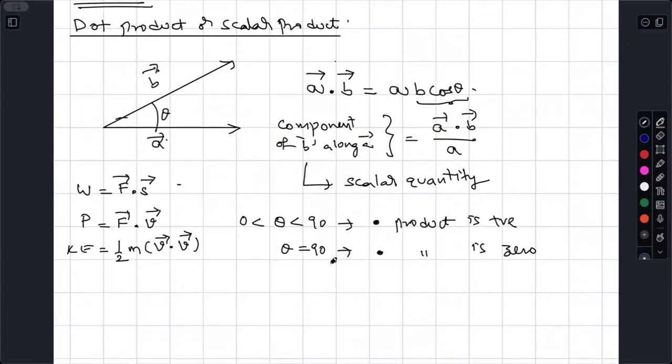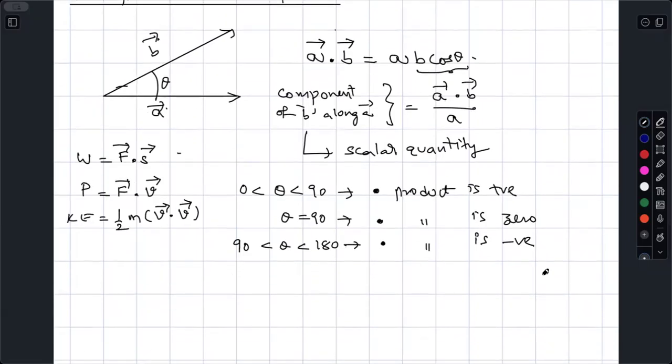If theta is greater than 90, between 90 to 180, remember, between any two vectors, the minimum angle is 0, the maximum angle is 180. It can't be more than 180. Which means in this case, the dot product is negative. Okay?